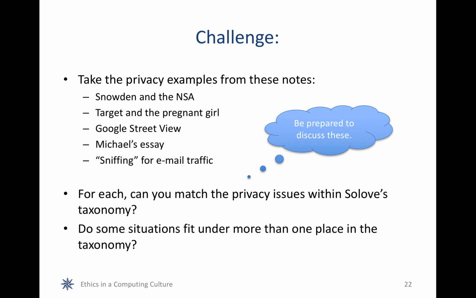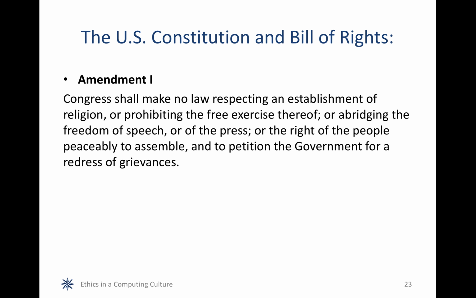And you match them, and the expectation is you need to figure this out, and we're going to talk about it in our online session, okay? So we've looked at 3 different definitions of privacy. The right to be let alone, privacy as concealment, and privacy that is broken down into a taxonomy of different types of privacy problems.